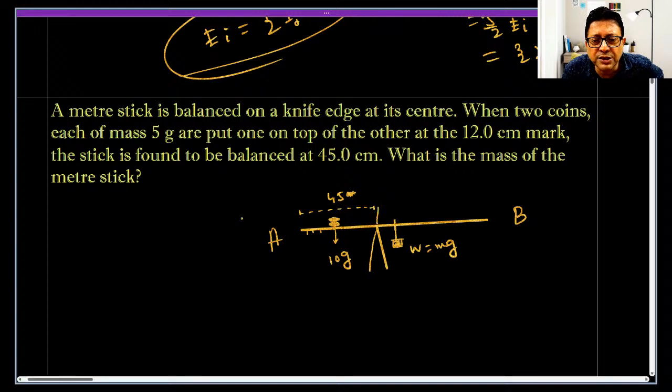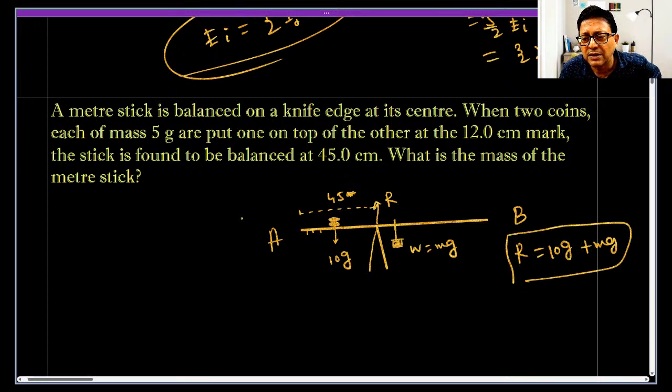If this one has a reaction in upward direction R, then R you can write as 10g plus mg. But it doesn't give us either mg or R. Then what to do? The easiest method is to find torque. The moment of this torque about the point P equals the moment of this load of 10 gram about this point. This is the answer.